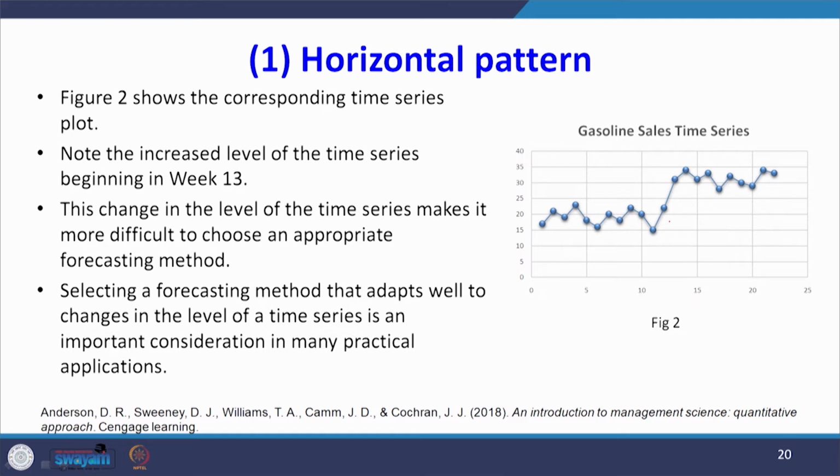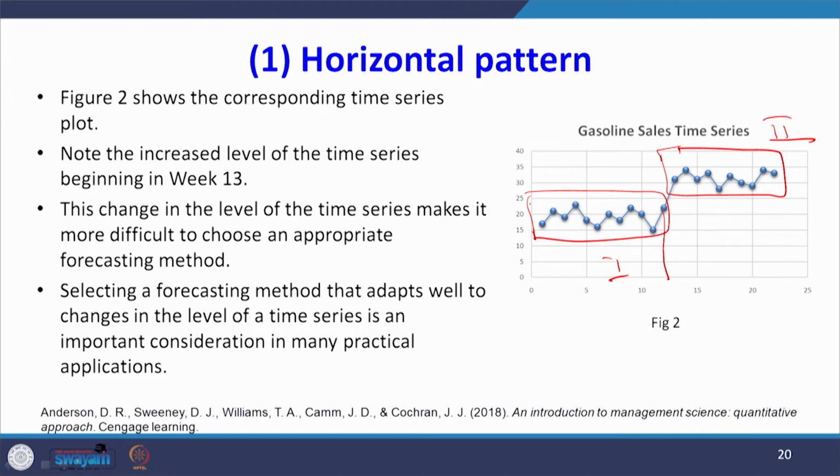See this, up to this point there is no problem, but from week 13 onwards there is an increase in level. For example, here the mean is approximately 19 for level 1, and for level 2 it may be around 30.